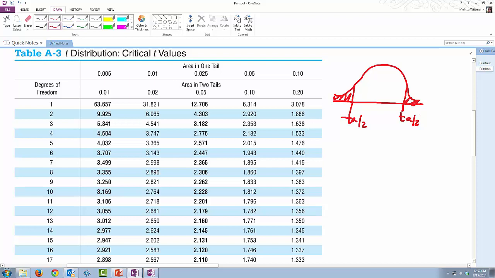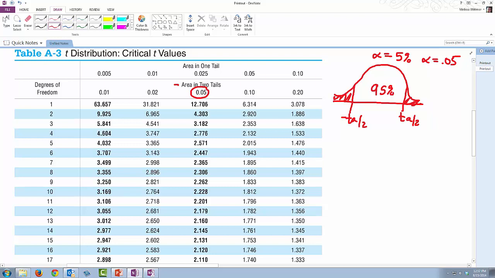Our confidence level was 95%, so we have 95% in the middle here, and that gives us a leftover alpha of 5% in both tails. So alpha is 0.05. We can go to area in two tails, 0.05, and that would give us the correct t.